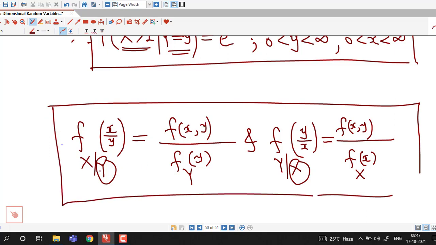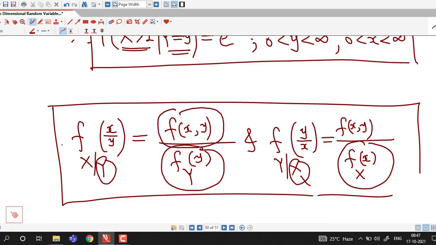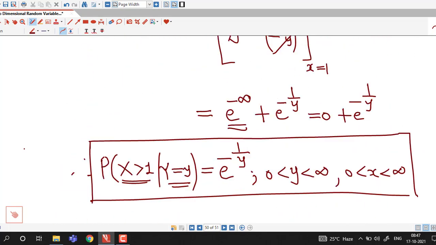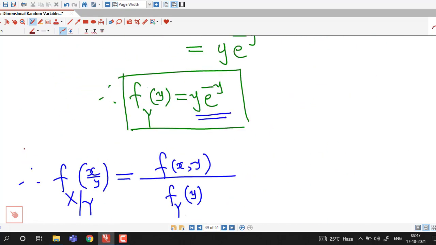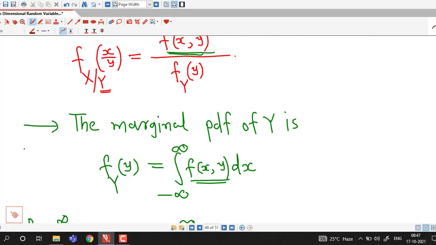If we have x given y, we divide by the marginal density function of y. If we have y given x, we divide by the marginal density function of x, and in the numerator we have the joint density function. With these simple definitions we can easily find this type of conditional probabilities.